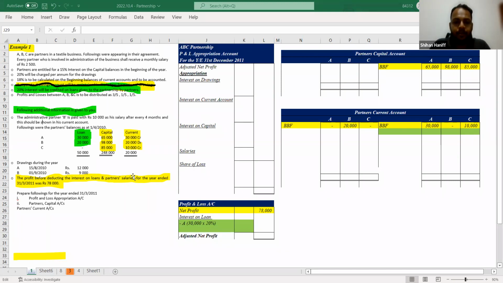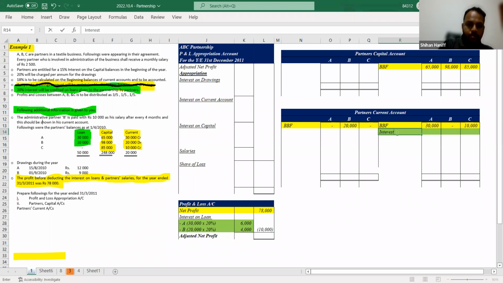B, 20,000 into 20%. So this is 6,000 and 4,000. Total 10,000. And that goes to the current account.